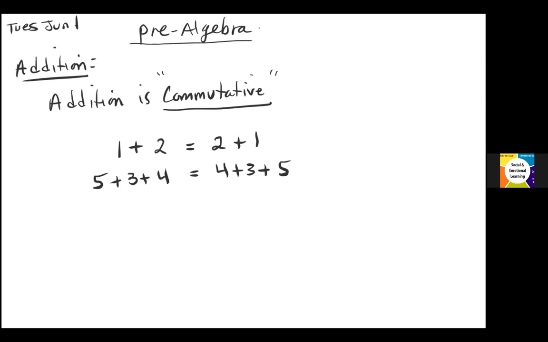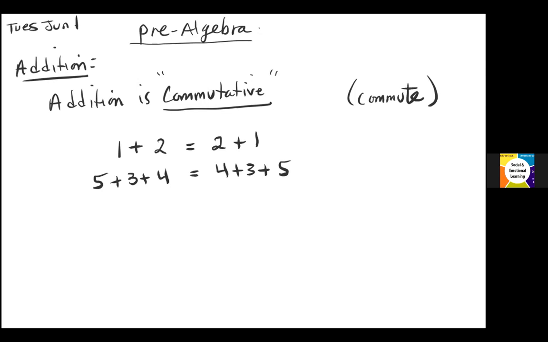You can remember this by what the word commute means. It's like if you've heard people talk about their commute to work. Commute is just moving. So we can move these numbers around. They're not stuck when we're adding. So specifically, addition is commutative.